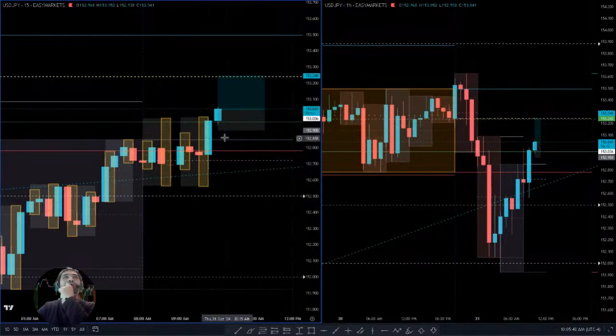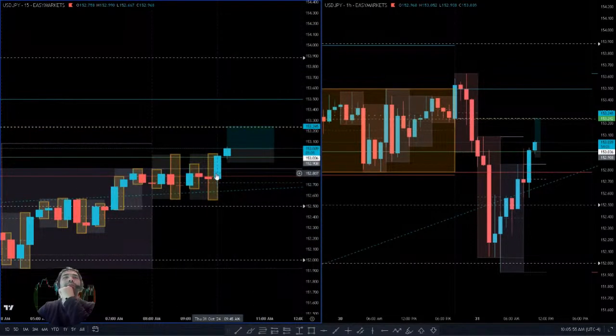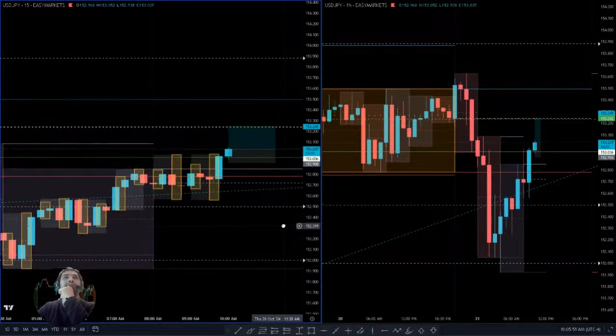So this is like 5 minutes into this candle, and although we should have taken the price around here, it's a late position, a late entry in here.